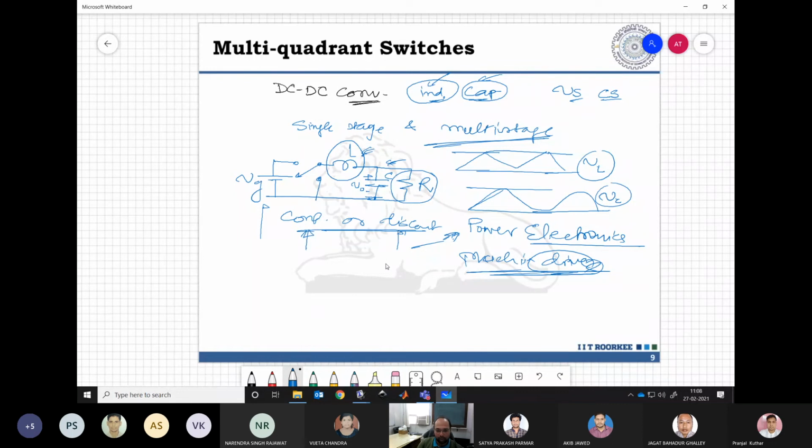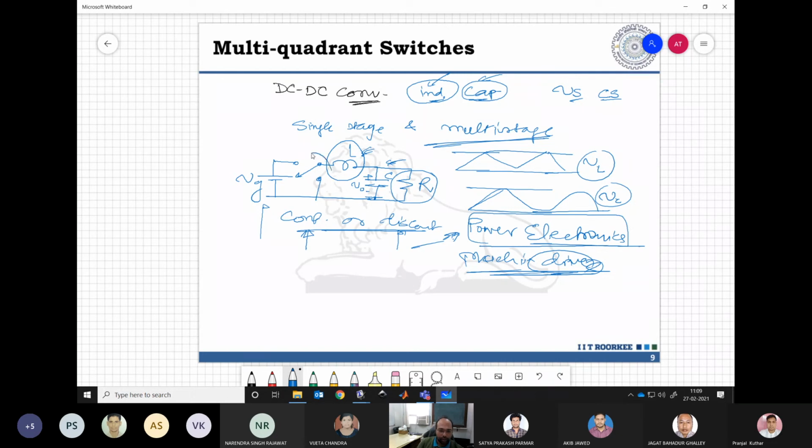And then some more advanced converters, let us say synchronized buck, synchronized boost, and some isolated converters, we are not discussing over here. That is not part of the curriculum. In the power electronics course, definitely we will discuss all this.